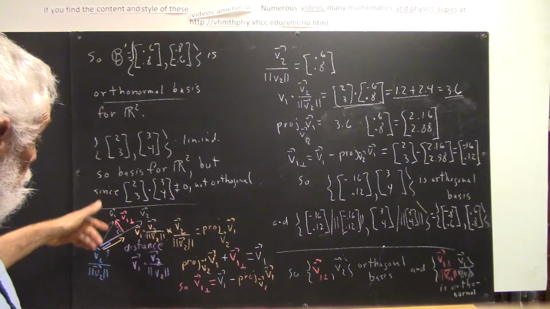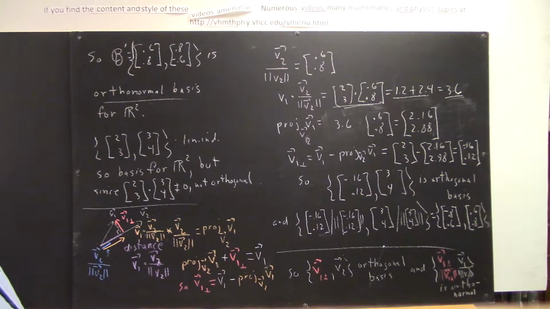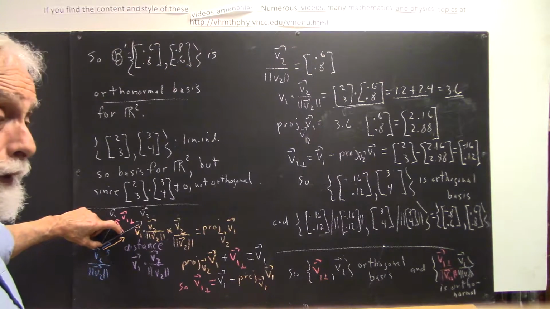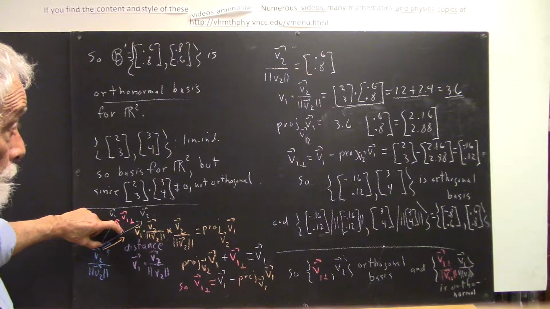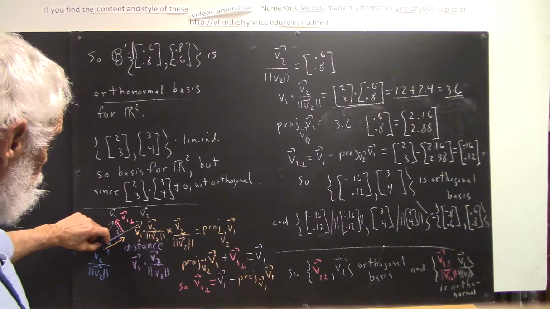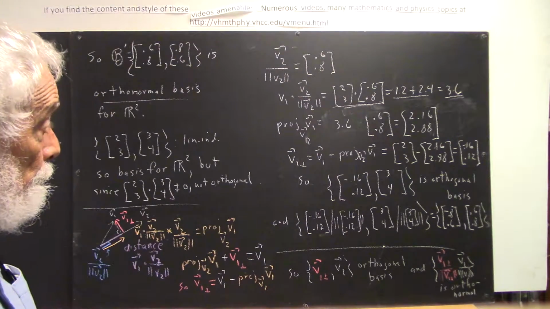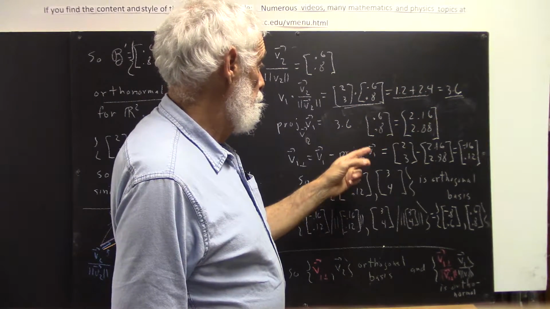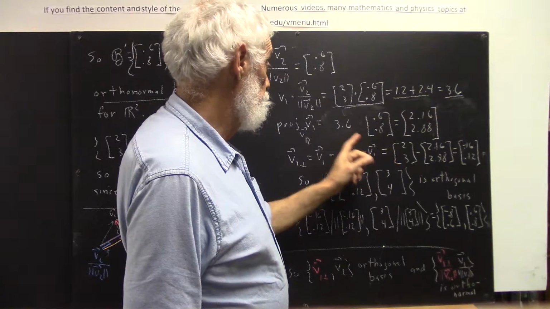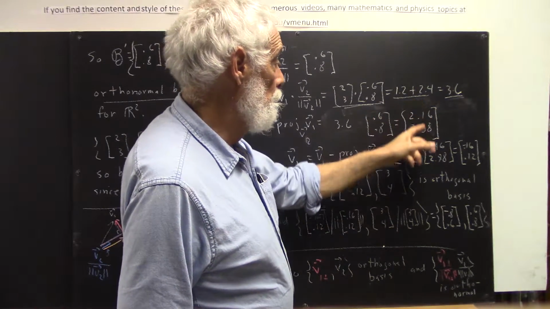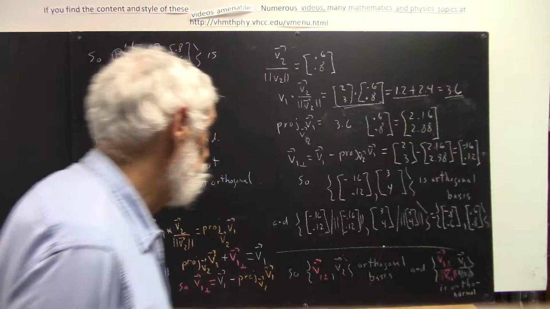Anyhow, you have v1 dotted with v2 divided by the magnitude of v2 gives you the length of this purple line. And then when multiplied by v2 over magnitude of v2, we get our projection. So we take the dot product here, which is 3.6, we multiply it by the (0.6, 0.8) vector, and we get (2.16, 2.88).